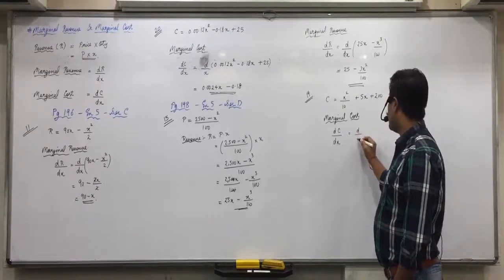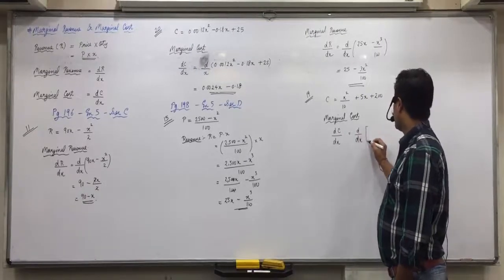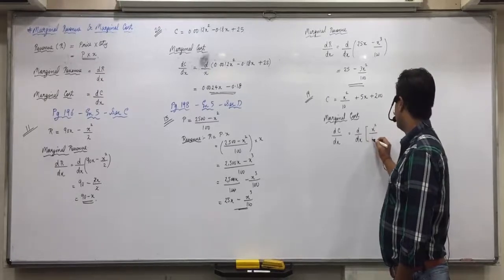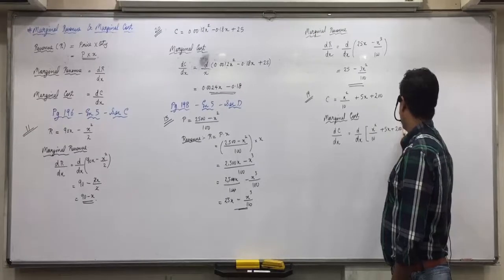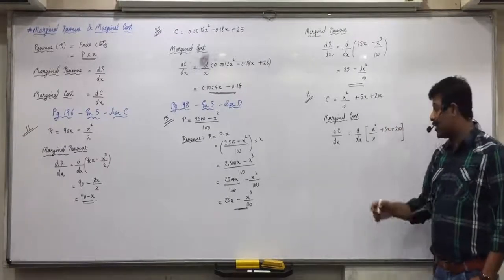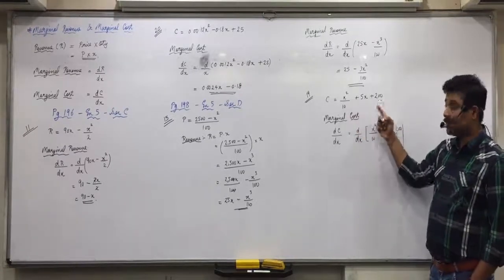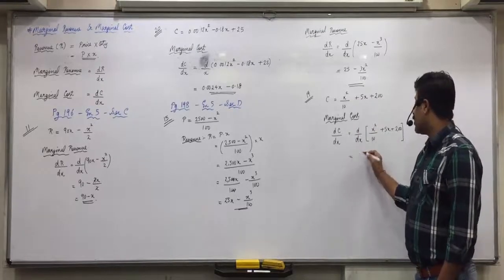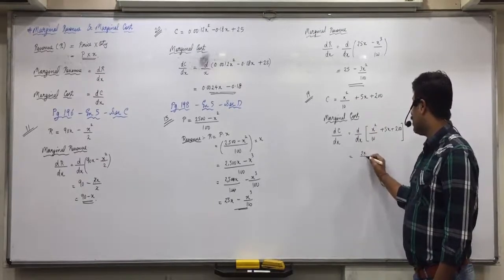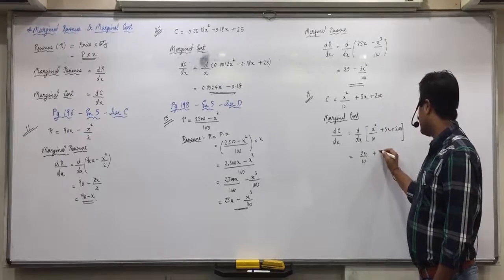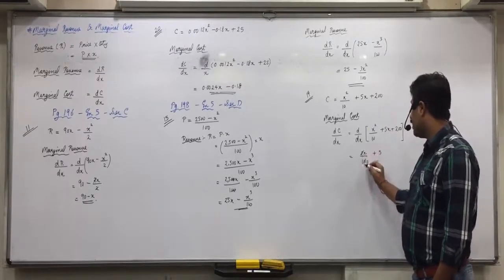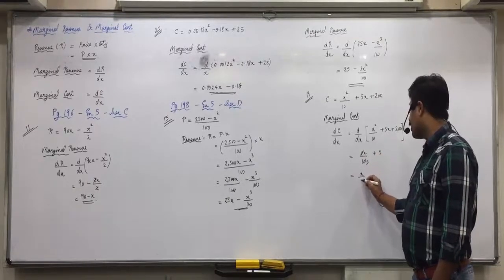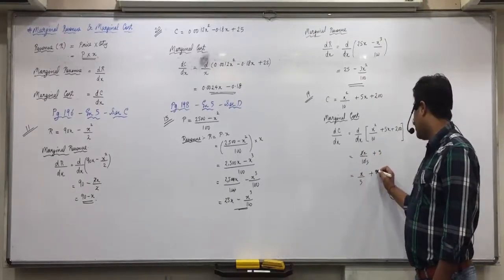So d upon dx of x square by 10 plus 5x plus 200. X square becomes 2x upon 10 plus 5x becomes 5. 200 becomes 0. 2 into 5 is 10. So x upon 5 plus 5.